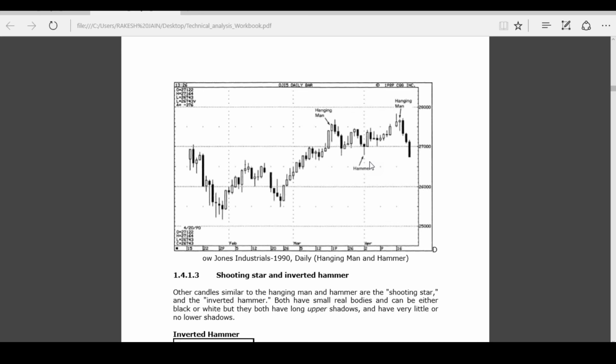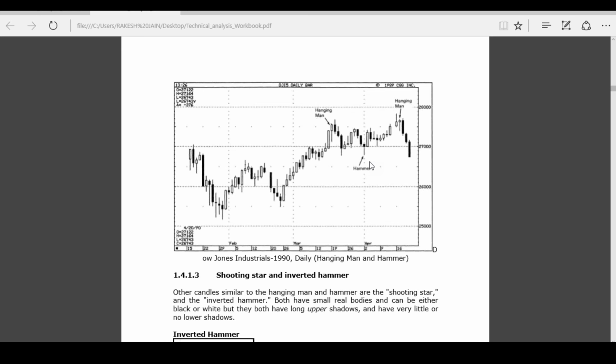Don't keep the exact high. Say if the high is 515, maybe take 516. If the stock is just about 200 rupees, maybe 200.5. So a bit more, because sometimes it might come to test that particular high and you might be stopped out.